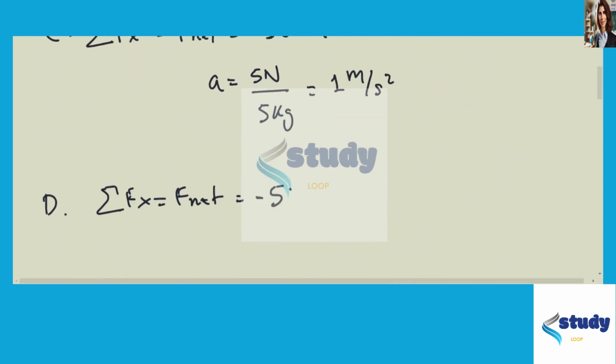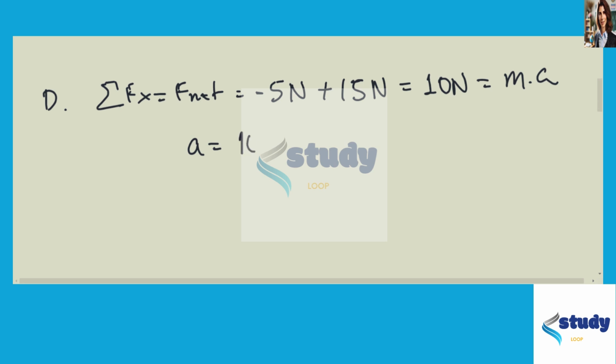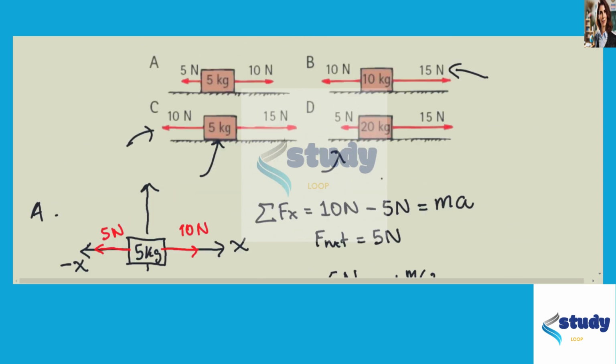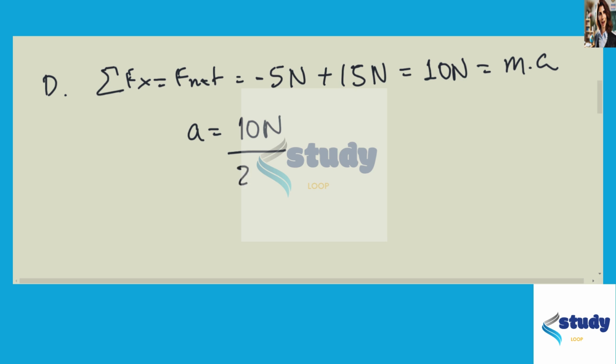So minus 5 newtons plus 15 newtons is equal to 10 newtons, and this is equal also to mass times the acceleration. So the acceleration is equal to 10 newtons over the mass, which is 20 kilograms in this case, for box D. So this is 0.5 meters per second squared.